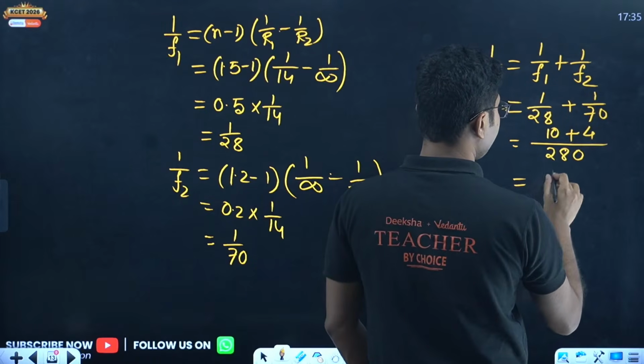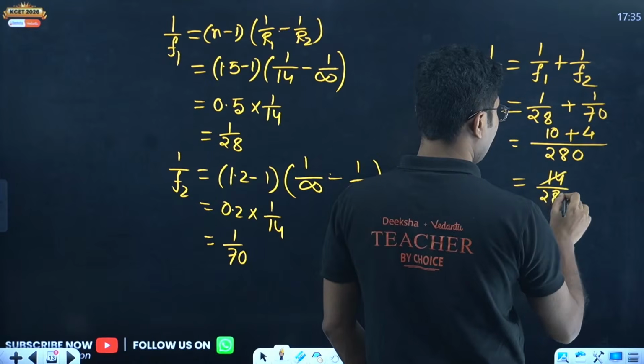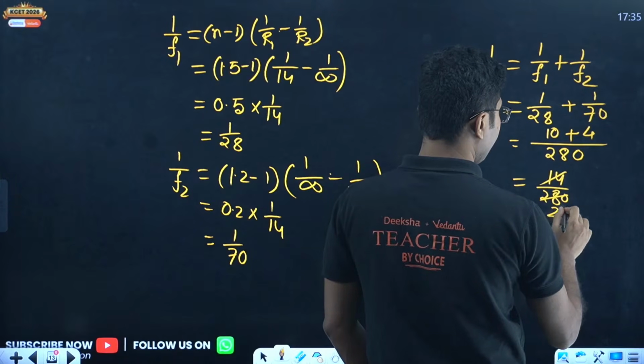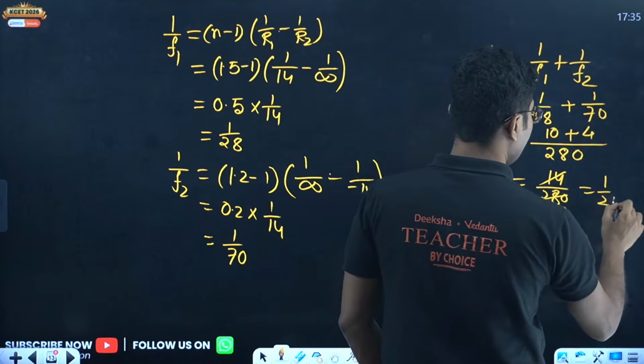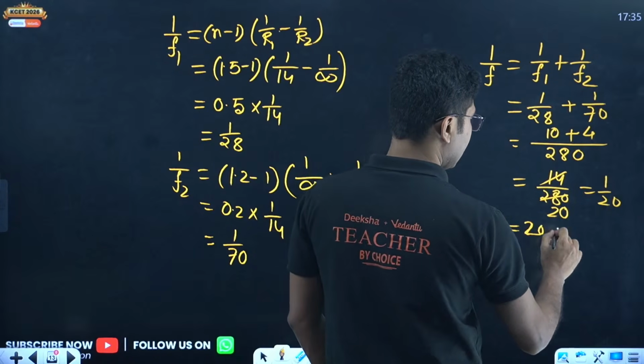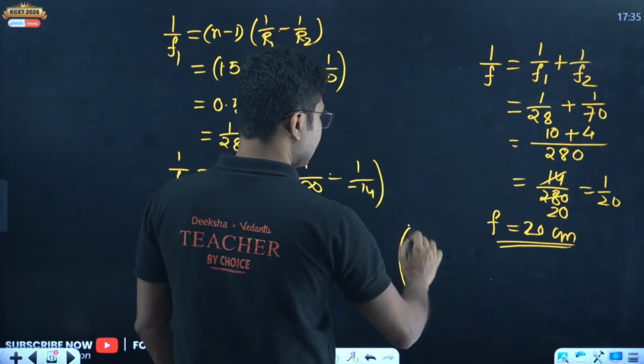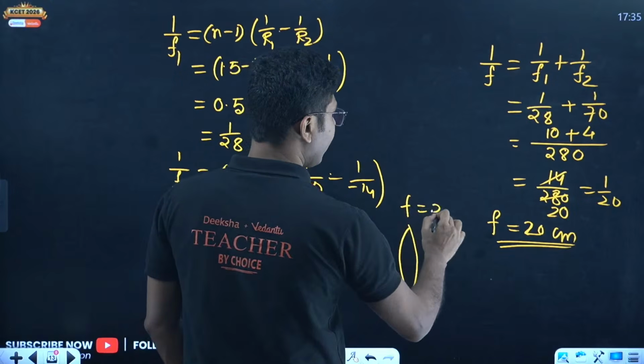Okay, 10 plus 4, that is 14 by 280. So you cancel 14 into 28, so it will be 1 by 20. So the net focal length is 20 centimeter. So basically you can treat this as a single lens of focal length 20 centimeter.